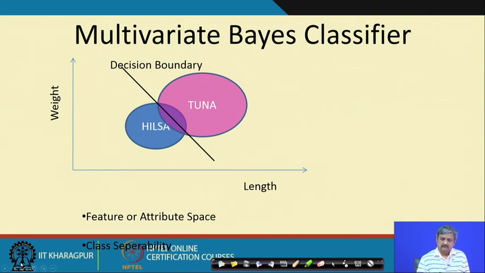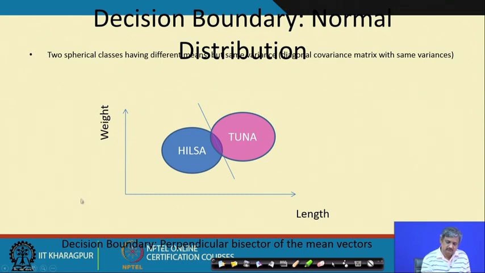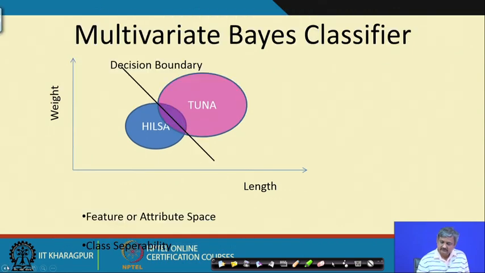So, instead of characterizing a fish only by its length, I measure the length as well as the weight. Any fish is actually a point in two dimensional space, some length value, some weight value.